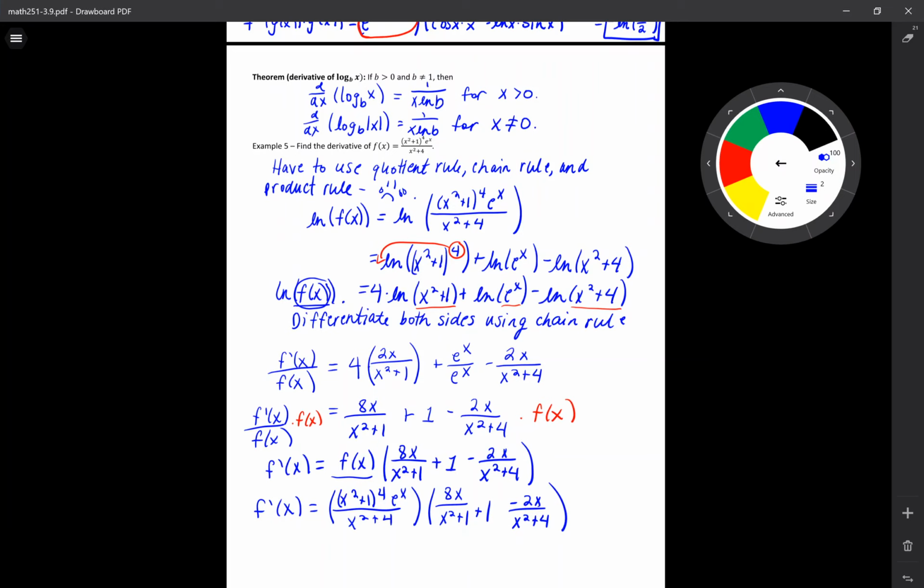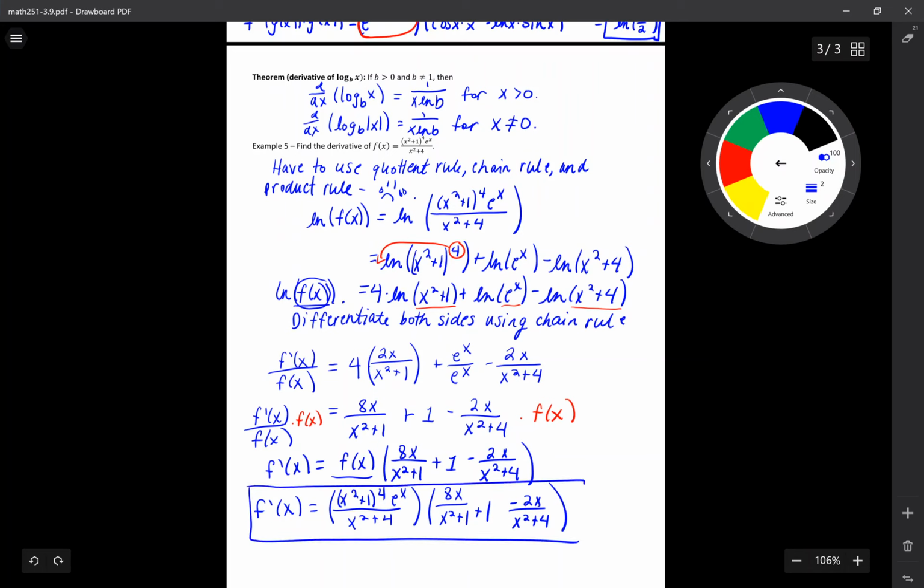Whew. So this was a pretty sly trick. But I do think that some of us would prefer this over using the quotient rule, chain rule, and product rule all in one. So just to recap here, I took the natural log of both sides. I employed the natural log rules in order to break up my expression x squared plus 1 to the power 4 times e to the x over x squared plus 4.